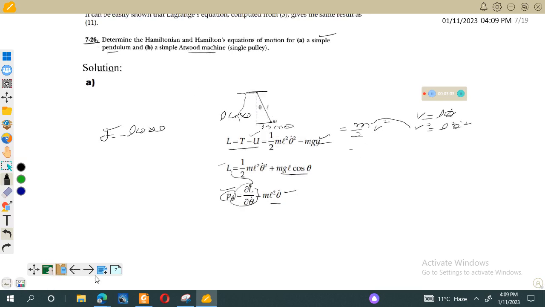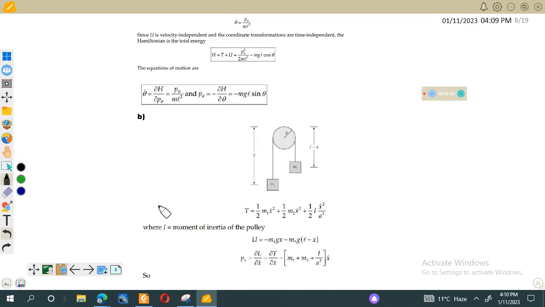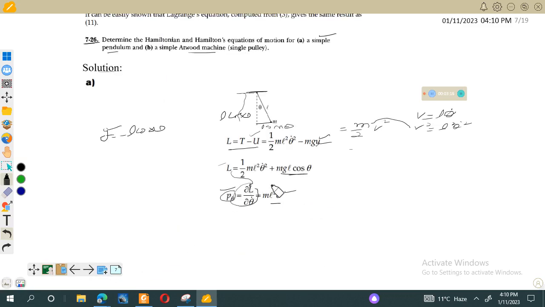Now we have to find the Hamilton equation of motion from this Lagrangian and generalized momentum. We can rearrange this generalized momentum and find theta dot from this expression. This will be equal to p theta over m L squared.